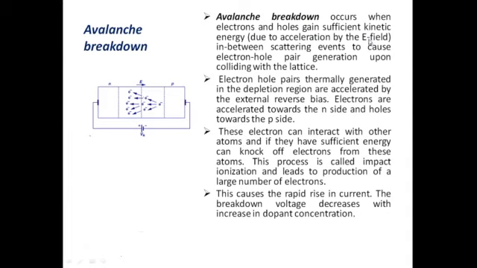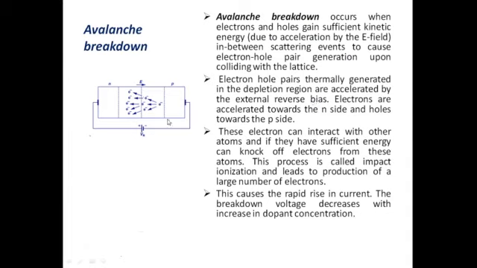The reverse electric field we are applying is accelerating the electrons and holes, giving them more and more kinetic energy. In between scattering events, they cause electron hole pair generation upon colliding with the lattice. Electron hole pairs thermally generated in the depletion region are accelerated by the external reverse bias.